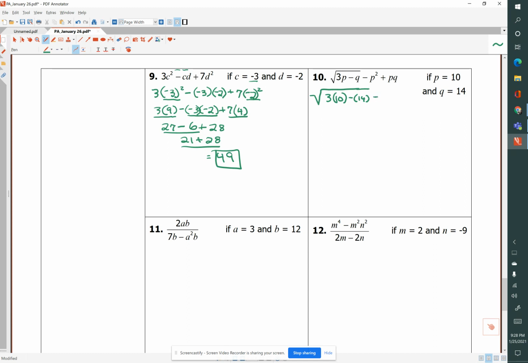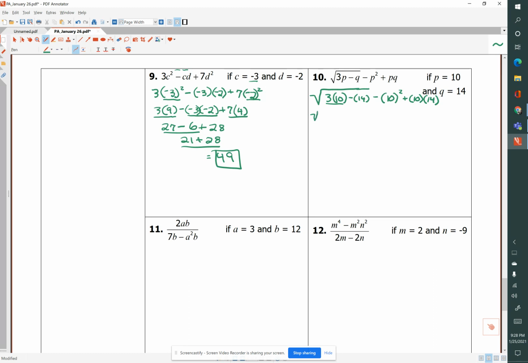Okay, then we subtract p squared, which is 10 squared, plus 10 times 14. We'll work within the radical sign first, and within the radical sign, we'll do the multiplication.